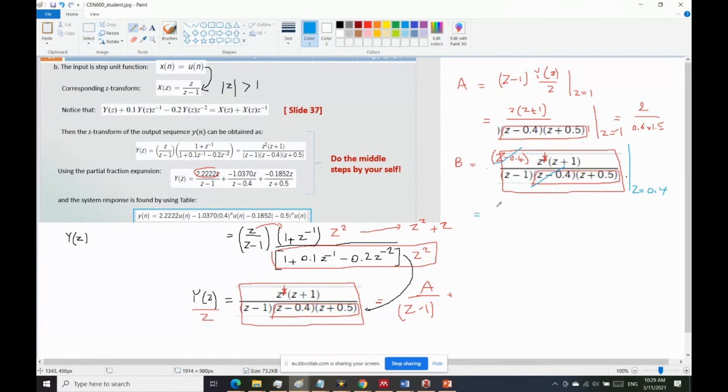So it will be 0.4 times 1.4 on top. And here we have 0.4 minus 1, meaning minus 0.6, times 0.4 plus 0.5, meaning 0.9. So that's a negative number, and it comes out as minus 1.037.